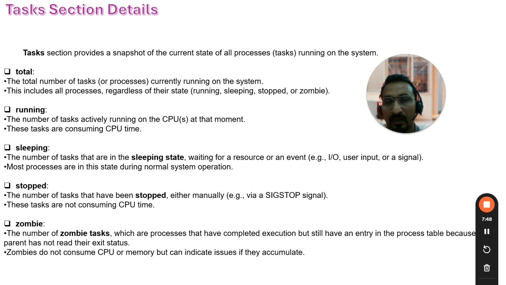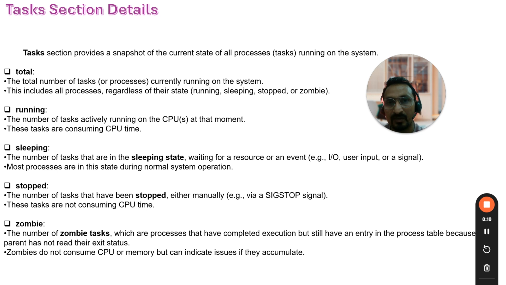A stopped process is one that has been stopped or manually killed via some kill command, right? This process is not consuming CPU time at all. Zombie processes are those whose execution has been completed, but the parent process is not aware of its completion.